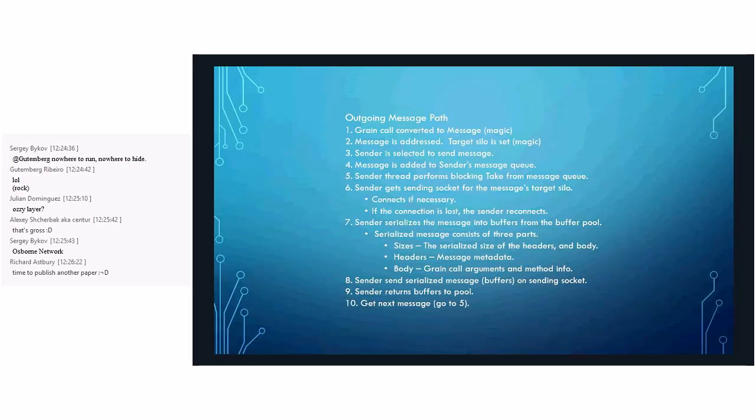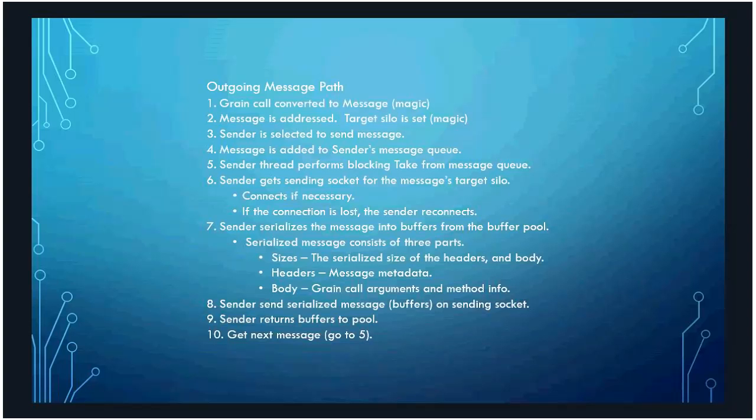So we precede these two chunks of data with a sizes structure, which is a fixed size that we know how to read, and that tells us the size of the header and the body once serialized. So we serialize the headers, we serialize the body, we write a sizes structure that has the sizes of those two once we know them, and we write all these onto the network as a series of buffers with the sizes and then the header and then the body.